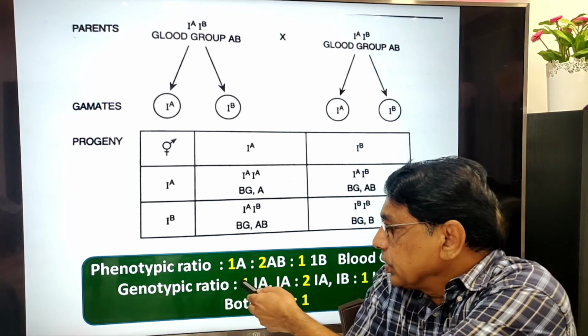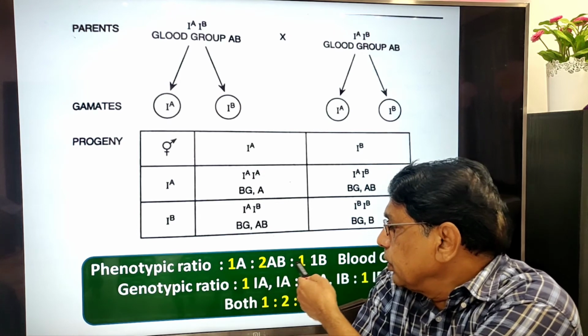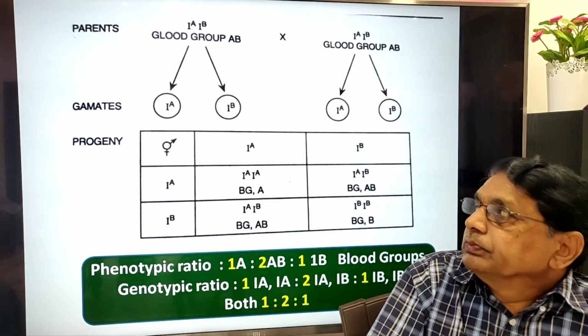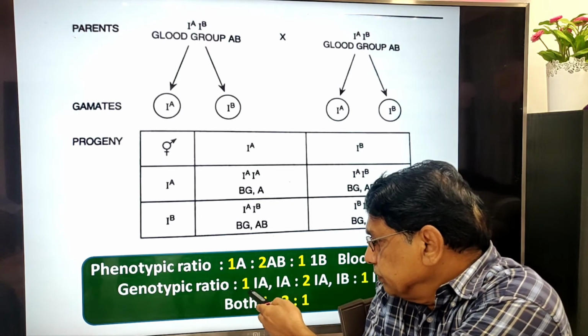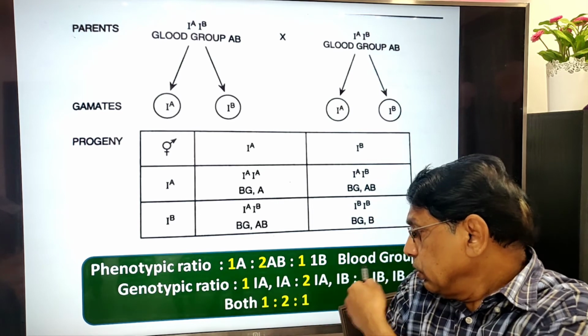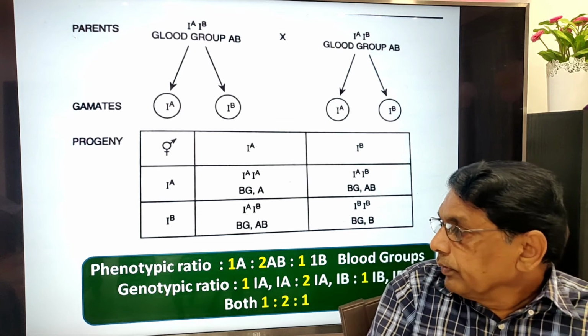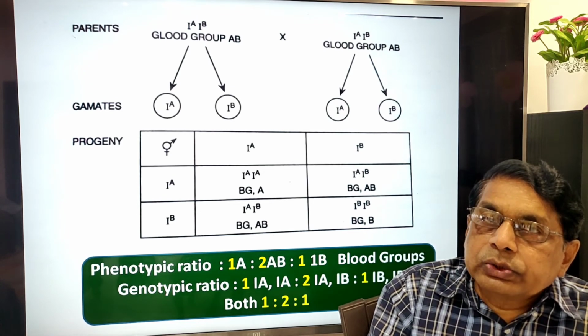Among the four children, one will be A group, two will be AB group, one will be B group. Genotypic ratio 1:2:1.